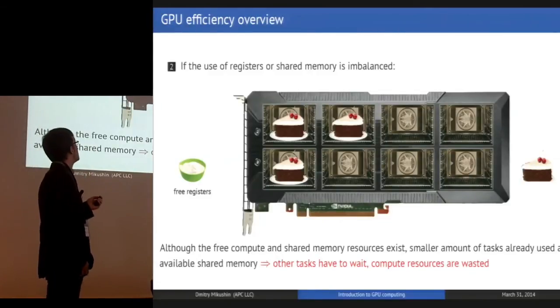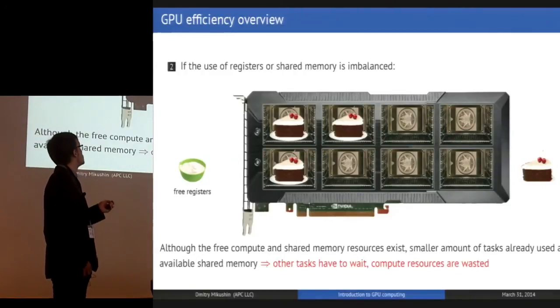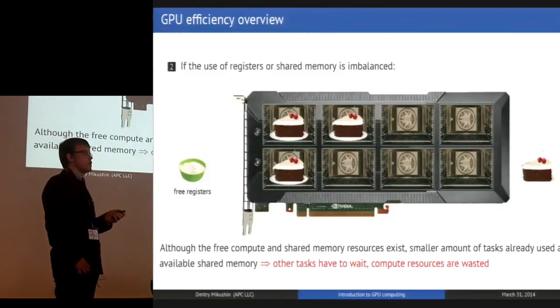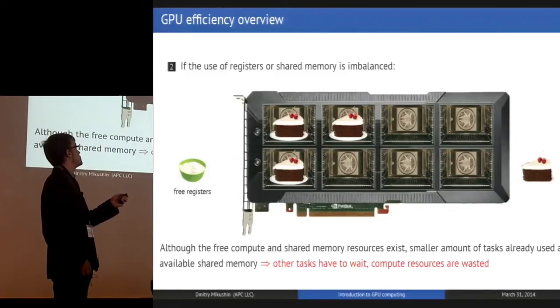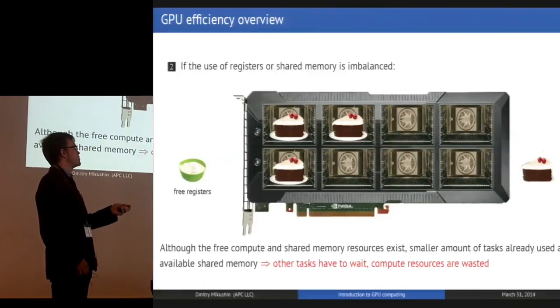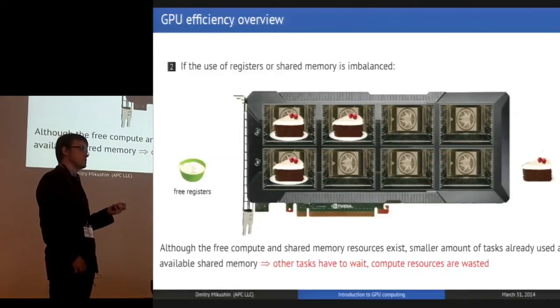A less trivial thing is resource imbalance. For instance, we are using tasks or threads which have too much shared memory. If we are consuming too much shared memory, we also will not be able to feed the whole compute capability, because the remaining tasks will have to wait for available shared memory, although free registers, another resource, are available. So everything needs to be in balance, ideally.